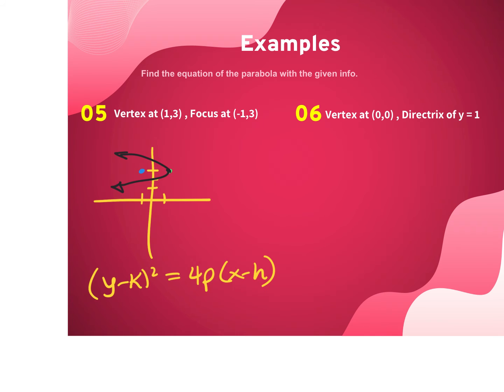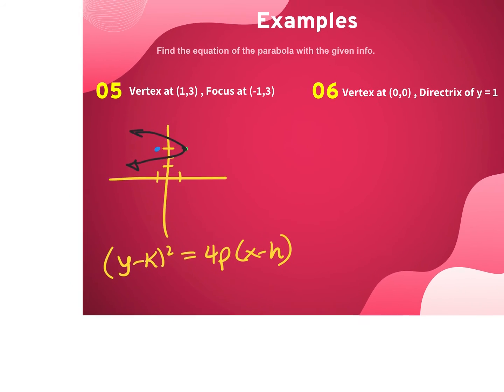Now remember, because it's the backward c, that number that's going to end up in front, that 4p there, is going to end up being a negative number. So let's go ahead and plug in what we know. Remember, the vertex is h, k. Now, to find the p-value, I can do two things here.